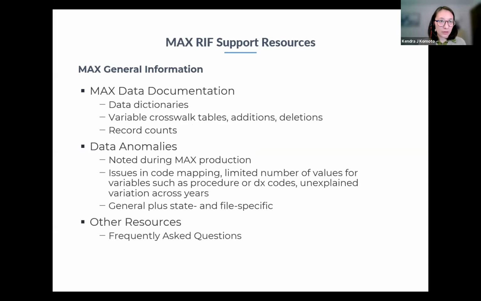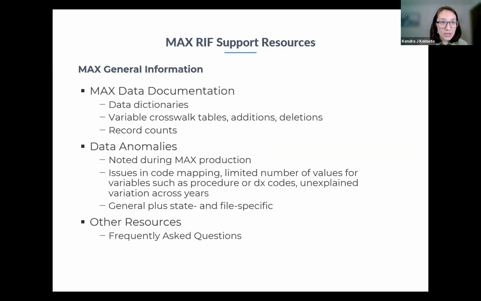Okay, so for the second half of this presentation, I'll be talking more about the research identifiable file resources. CMS hosts all the materials related to the Medicaid Analytic Extract, or the MAX data, that format from 1999 to around 2015, depending on the state.